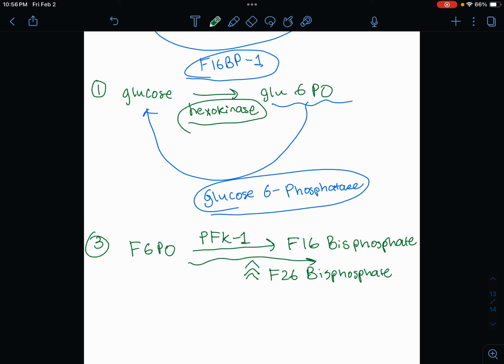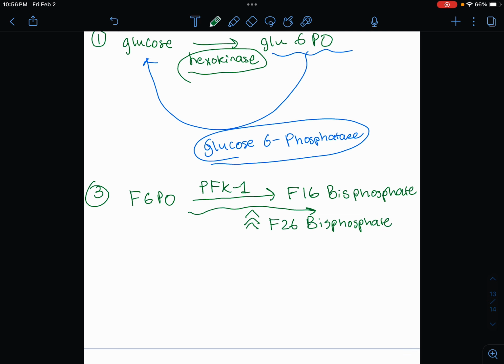So, like we were talking about earlier, we could have our fructose 6-phosphate go to fructose 2,6-bisphosphate through this enzyme that has two domains.